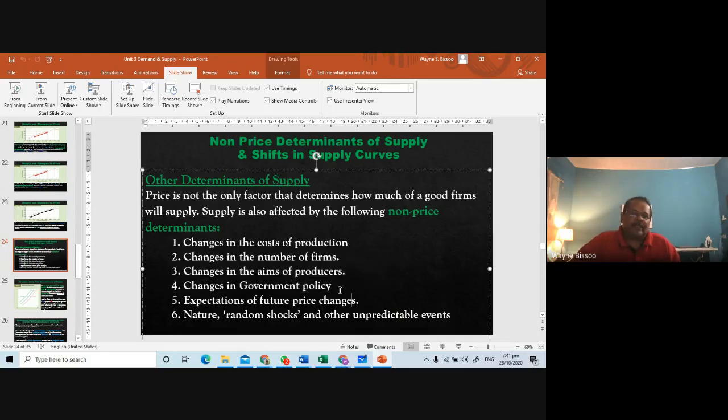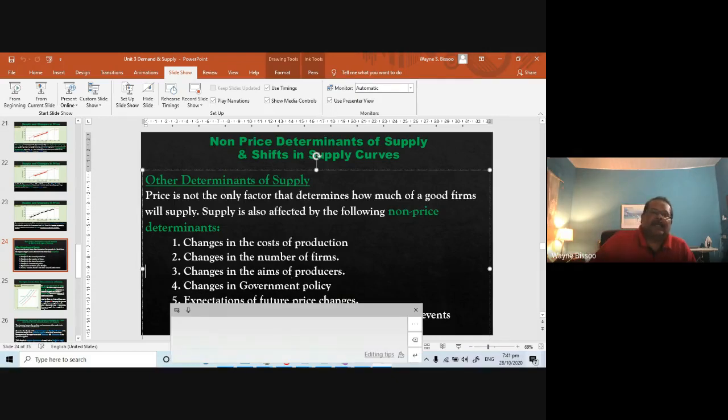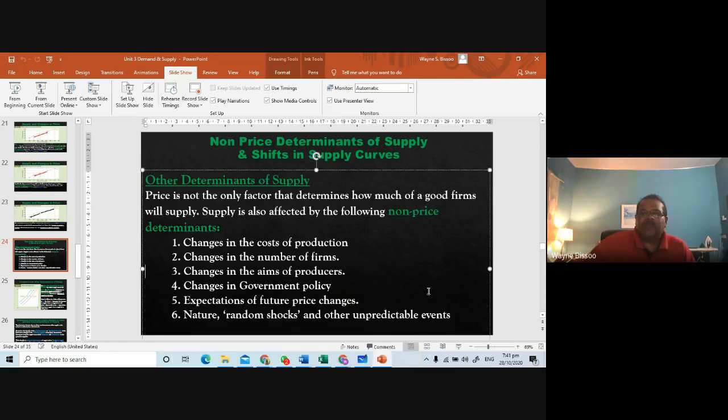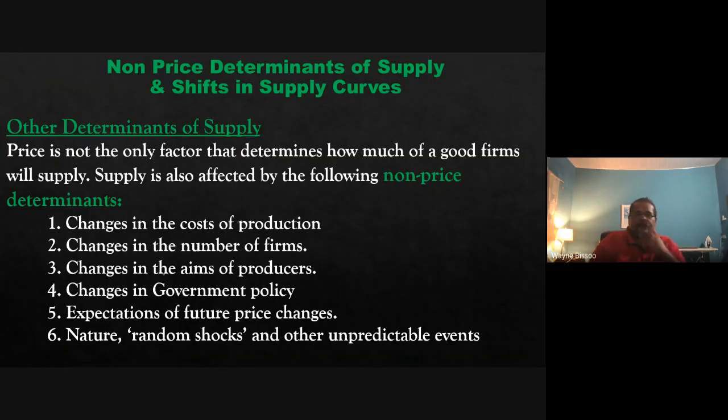Just like it did in demand, government policy can impact the behavior of firms in terms of their willingness, ability, and the cost of being able to deal with those things. Like with the cinema situation, no cinemas are available to operate during this time frame because of government policy.